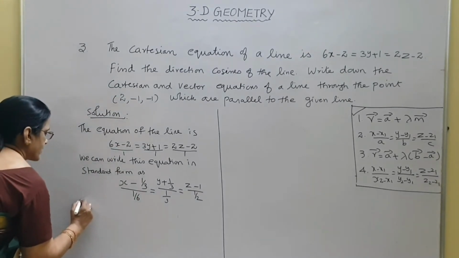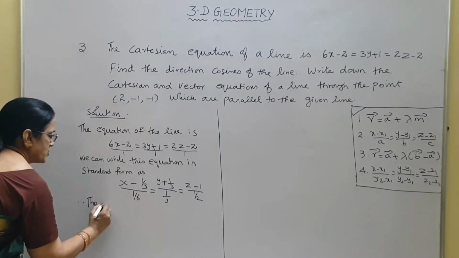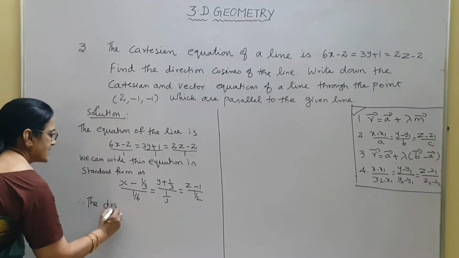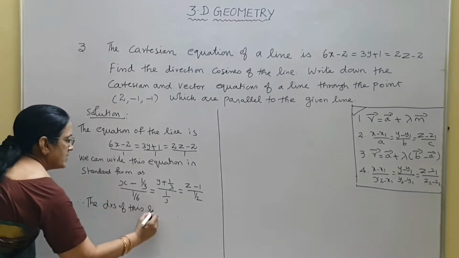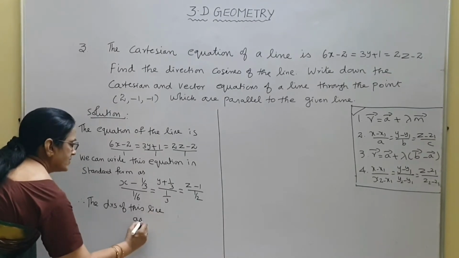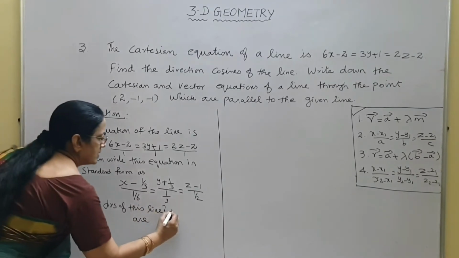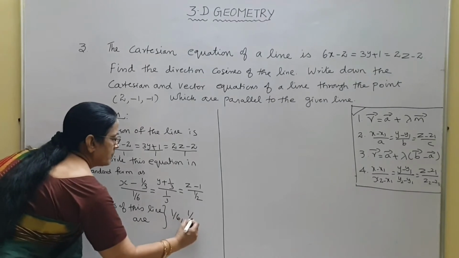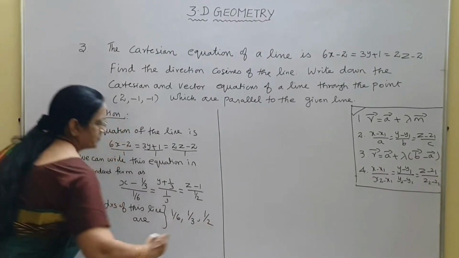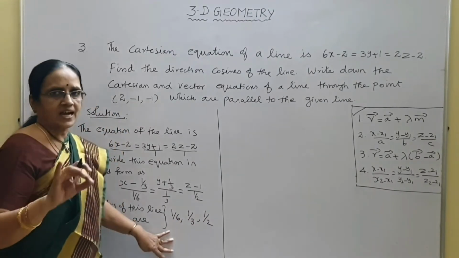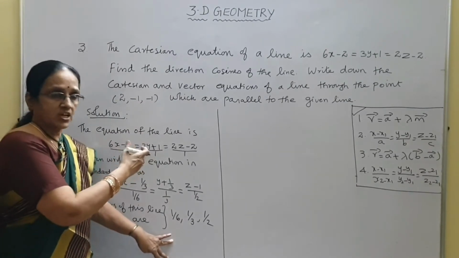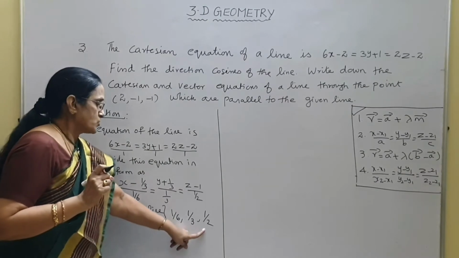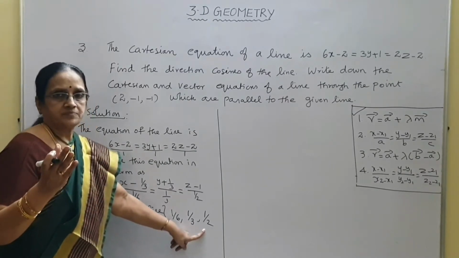Therefore, the direction ratios, that is the DRs of this line, are 1 by 6, 1 by 3, 1 by 2. But I have told you many times, and we have done many questions of a similar nature, that DRs should not be in fractions.